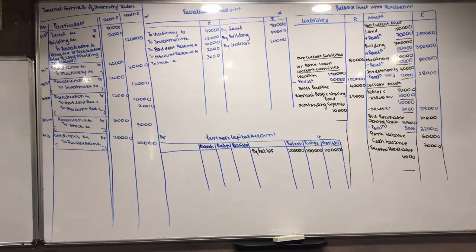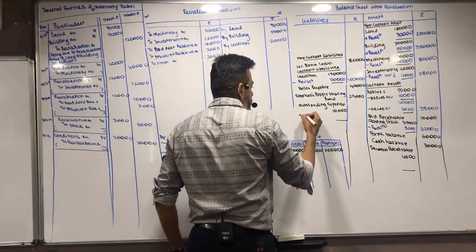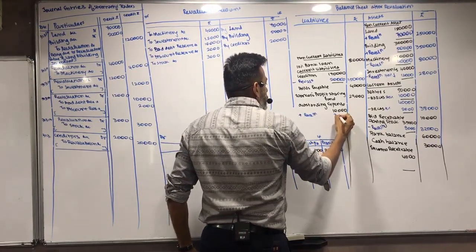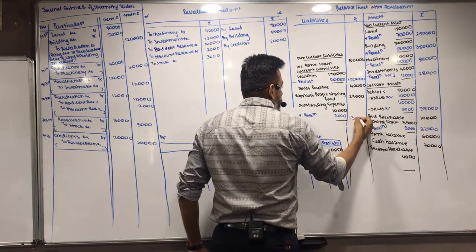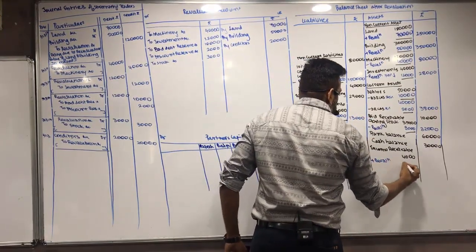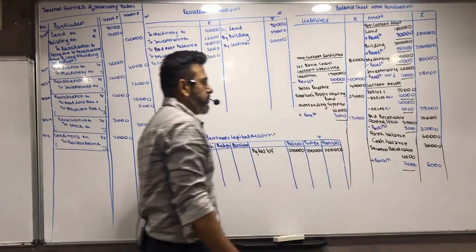3,000 for outstanding expense and 2,000 for income receivable are not recorded in the books. So outstanding and receivable both are to be added. So 3,000 add, 13,000, and receivable income 2,000. So 6,000.